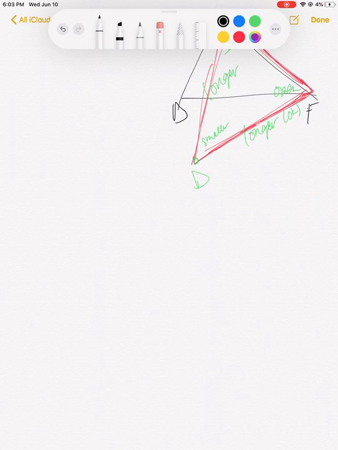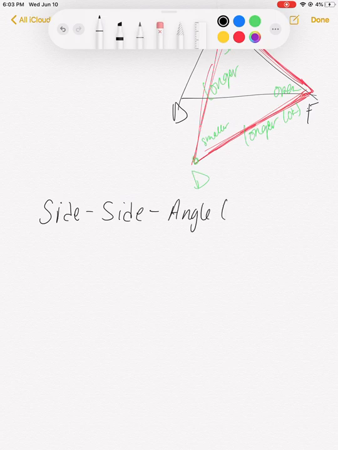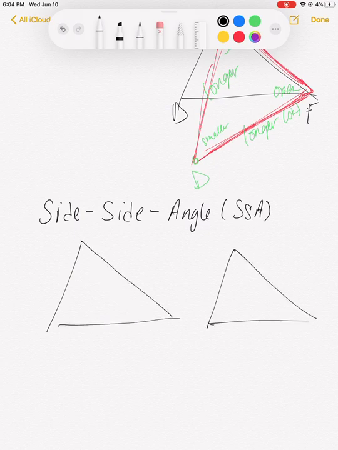So now we've got two sides and an angle. So we'll investigate the side-side-angle test, correspondences SSA. We'll go ahead and draw our two triangles. Oops, take that one a little bit longer. And make some correspondences here.